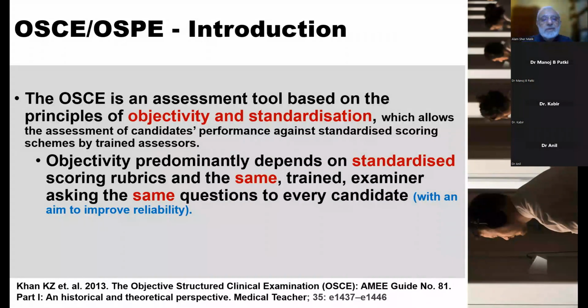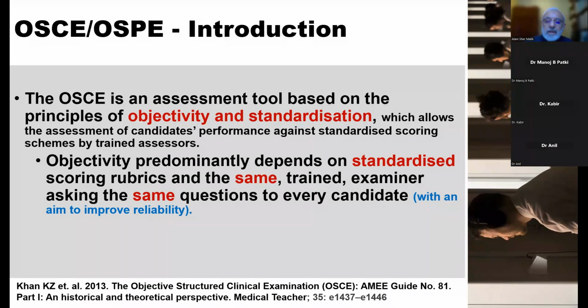There are three main tools which OSCE uses. There is a standardized scoring rubric. We know for each OSCE station, there would be a standardized marking scheme, and every student on that station would be examined by the same examiner. So it's the standard scoring, the same examiner and the same questions.